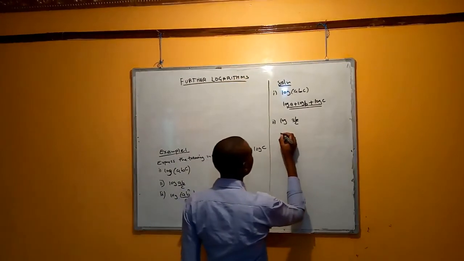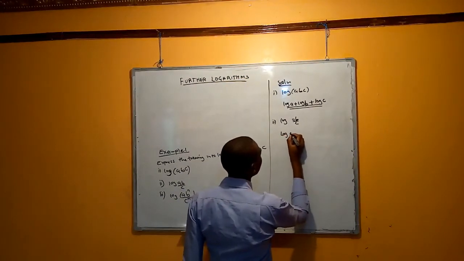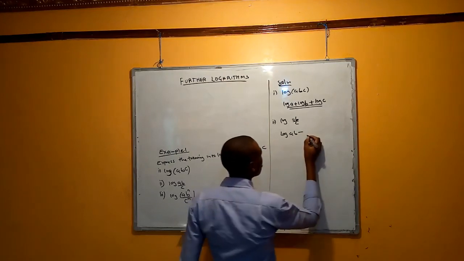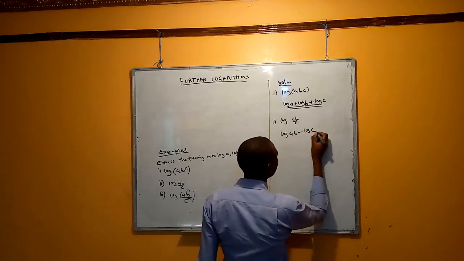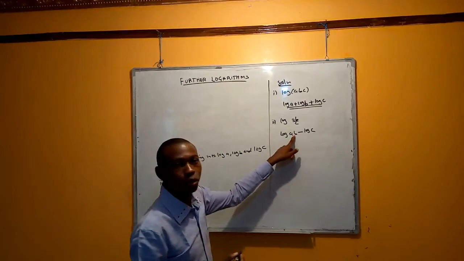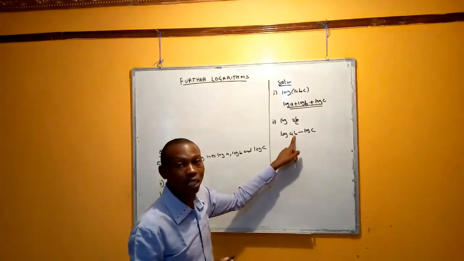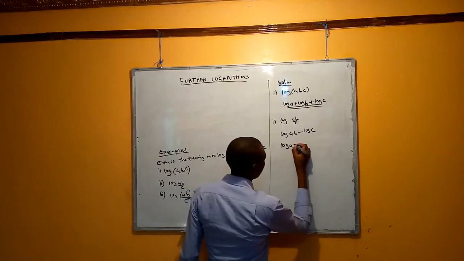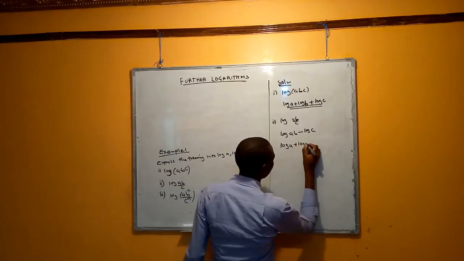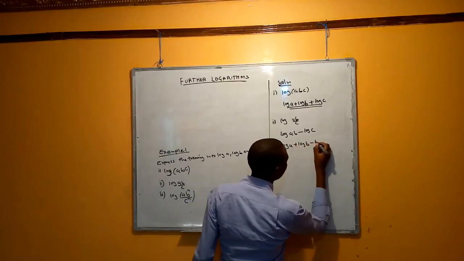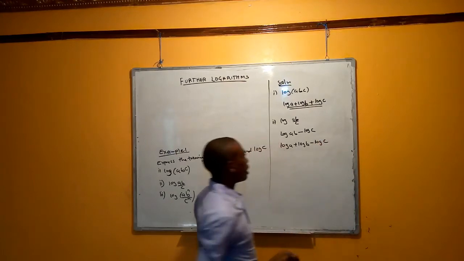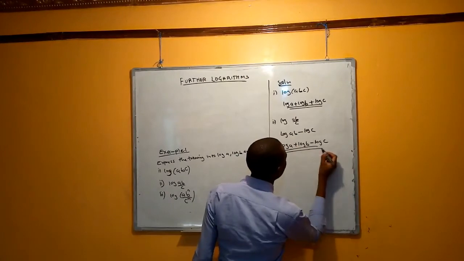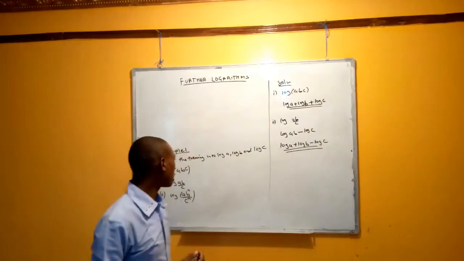If we take it to be log AB, this division we have it as minus log C. But now you see this one, you can break it again, so it will be log A plus log B minus log C, and that becomes the value of your second logarithm expression.